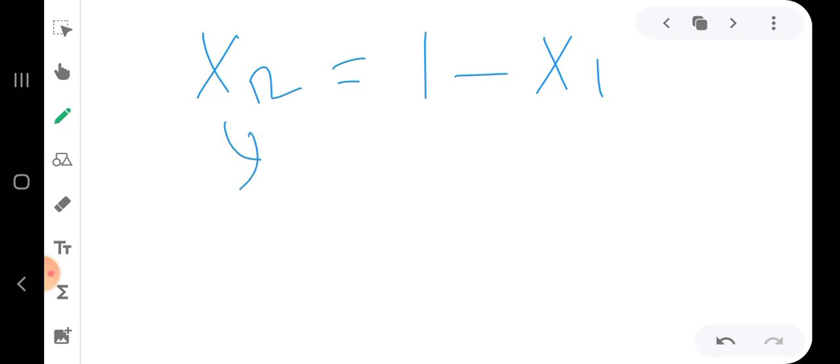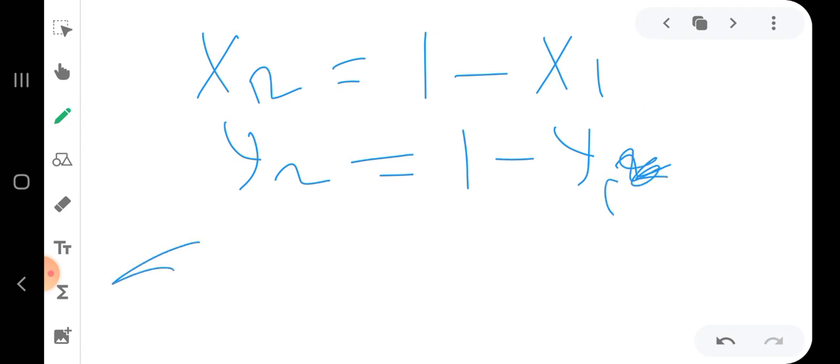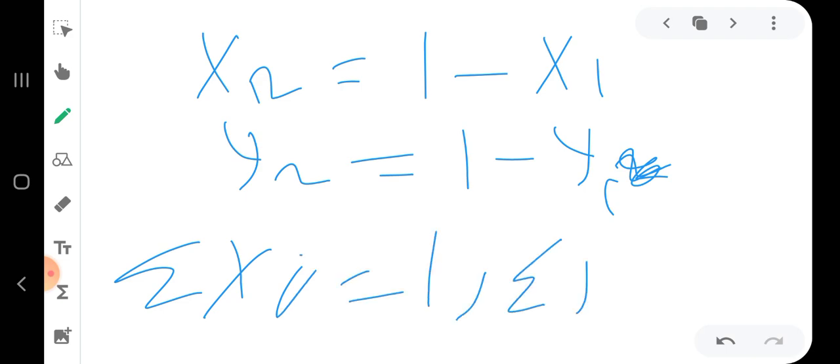And we know that X2 is equal to 1 minus X1 and Y2 is equal to 1 minus Y1, because the summation of all molar fractions in the liquid phase is equal to 1 and the summation of all molar fractions in the vapor phase is equal to 1.